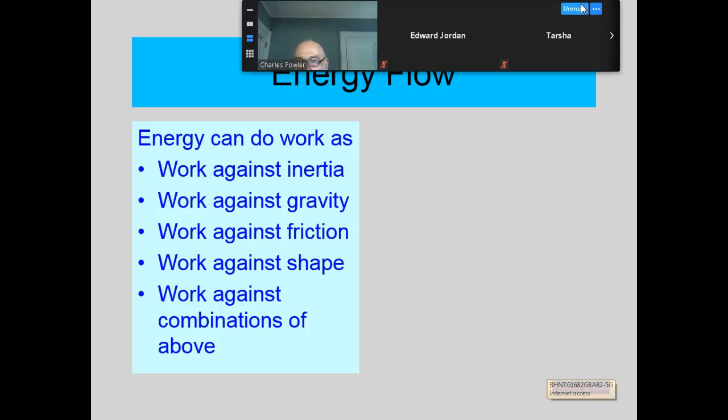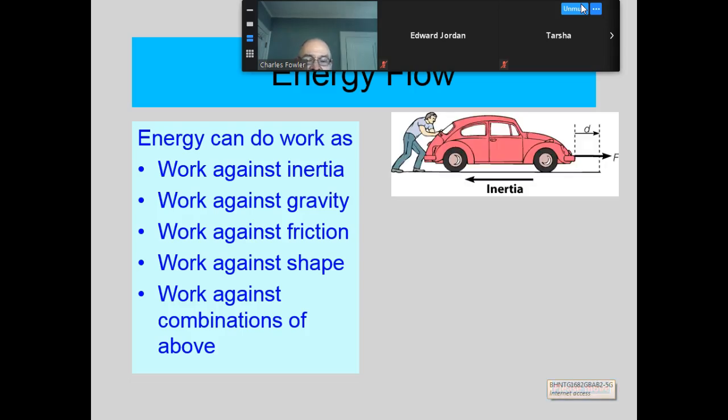Energy can do work. Remember, energy and work, just different sides of the same coin, you might say. Energy is the ability to do work. Work is the application of energy to get something done. So, I mean, that's what you do with energy. So, you can have energy doing work as work against inertia. And they give a pretty decent illustration here, somewhere. There you have it.